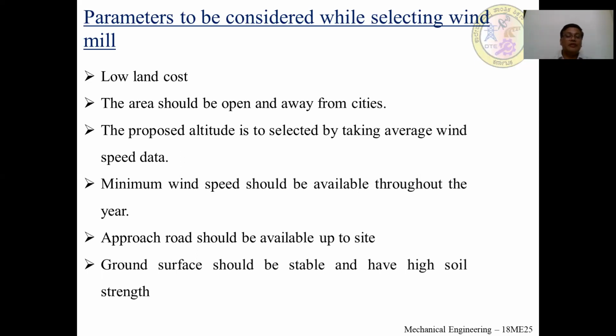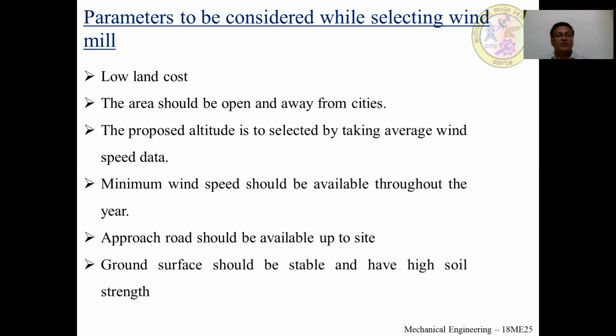Before fixing those things, we need to collect data related to wind speed, particularly at that height, how much wind we are getting. That we need to analyze. Then the next parameter is that minimum wind speed should be available throughout the year. It's very difficult to achieve constant speed, we know that, but the basic requirement is minimum wind throughout the year.